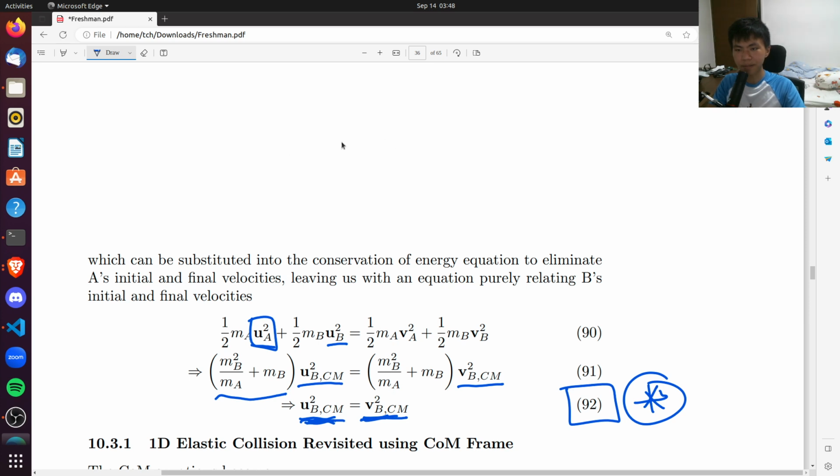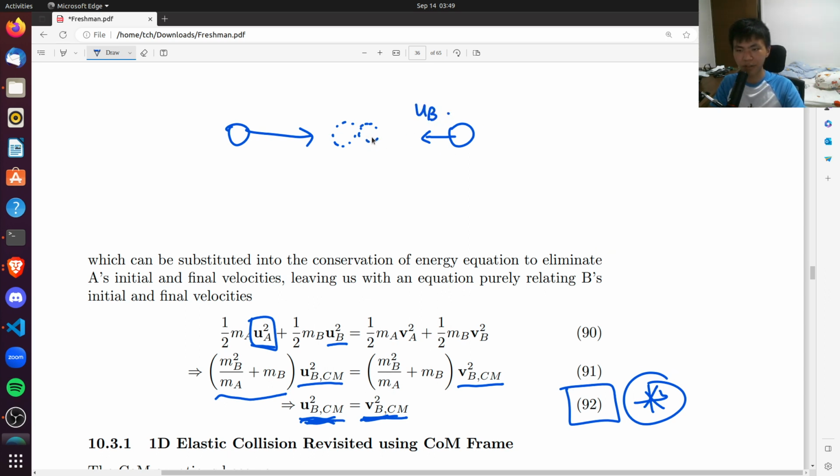What it's saying is that initially I have the two objects going towards each other, like that. And after the collision, so imagine they hit each other at the center somewhere around here. After that, the final velocity of B, so this is UB.